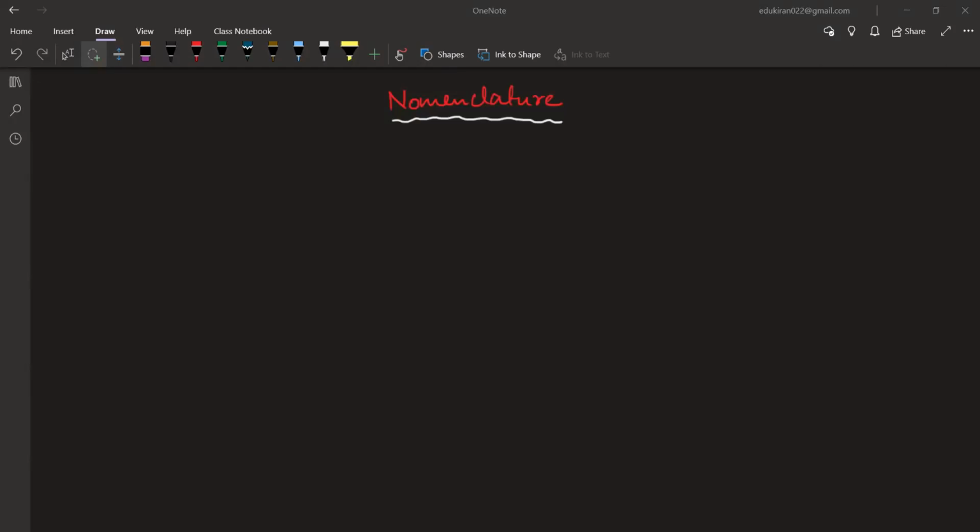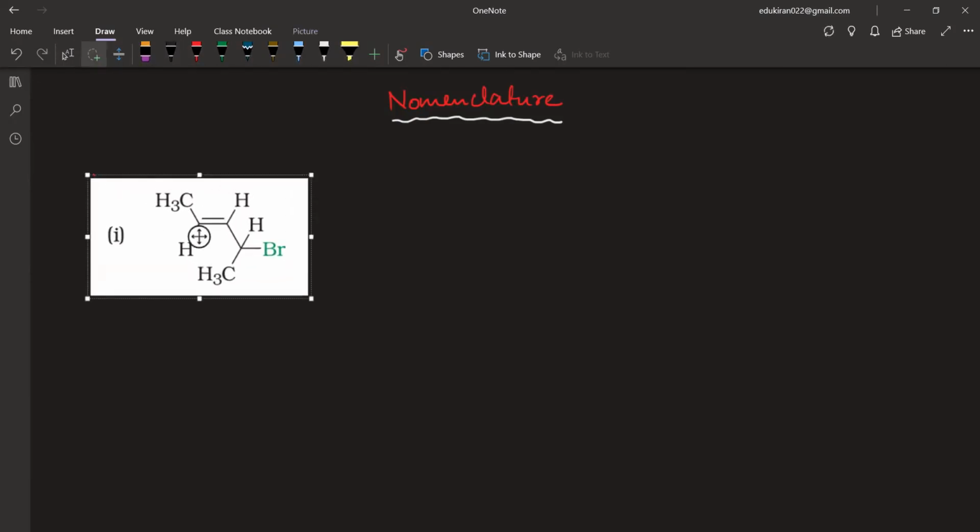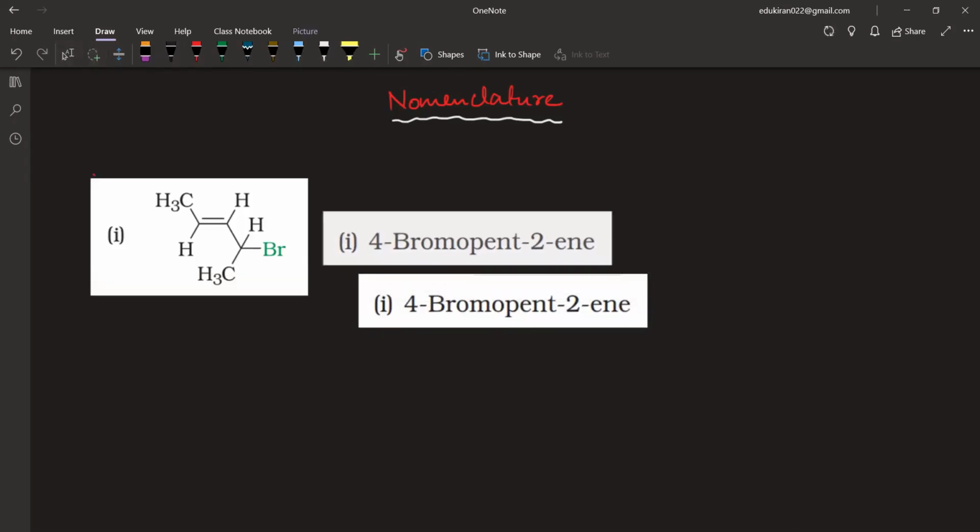So this is especially for the ones who are new. This is a molecule. भले ही आपको नाम पता हो, लेकिन कुछ नई चीज पढ़ेंगे हम लोग यहाँ पे. This is the name that is given by NCERT only. चलिए.